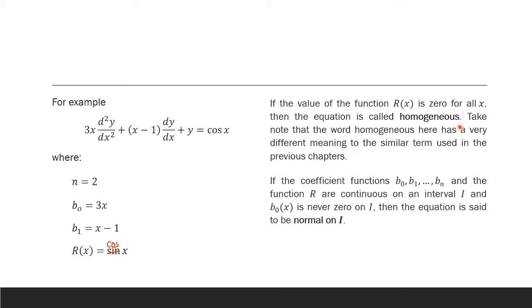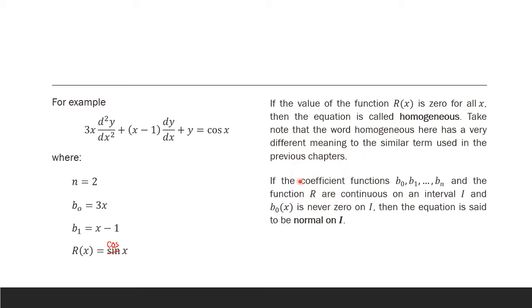Pag sinabi natin homogeneous at ang pinag-uusapan natin ay higher order differential equation, ang ibig sabihin lang nun, naka-equal siya sa 0. Or to be specific, wala tayong r of x. Meaning, wala tayong function of x kung saan naka-equate yung lahat ng dependent variables natin.